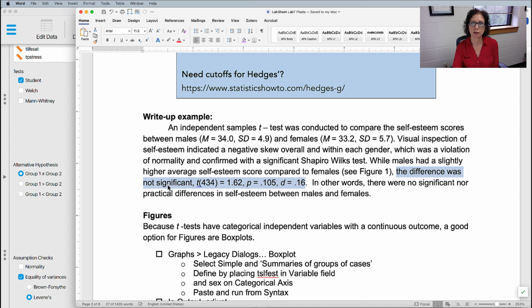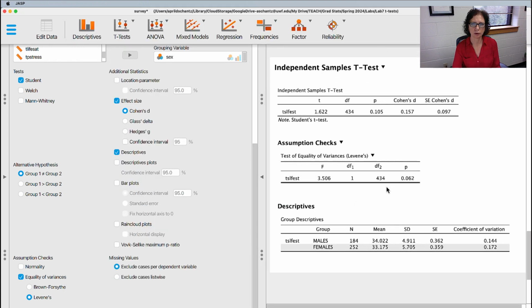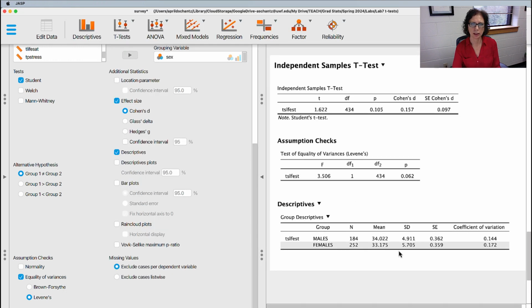The difference was not significant, and there's my t-stats line. In other words, no significant practical differences in self-esteem between males and females. So all of that information we were able to get out of the results so far, like the mean and SD for each male and female group, our t-test, our degrees of freedom, our significance value, and our effect size.